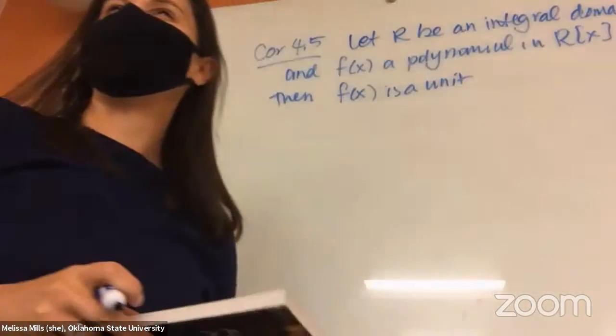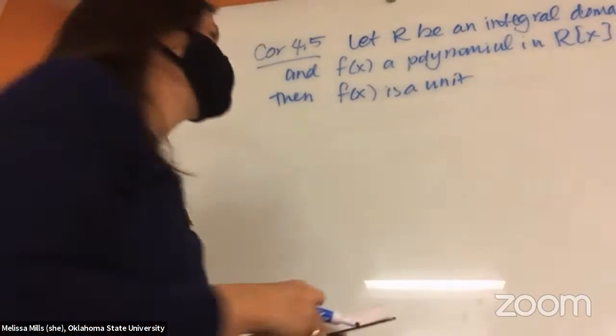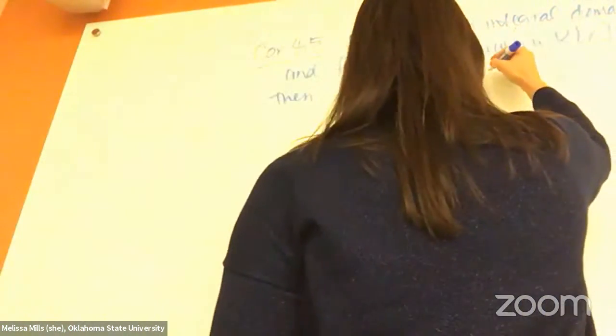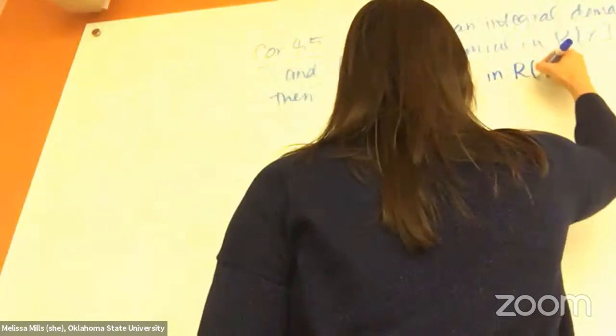We haven't talked about units in a bit. We talked about them last time. Do you have a feeling for when it will be a unit in R adjoin x?